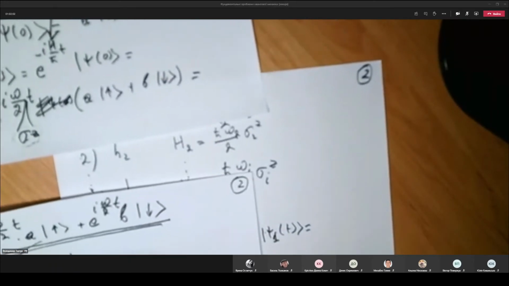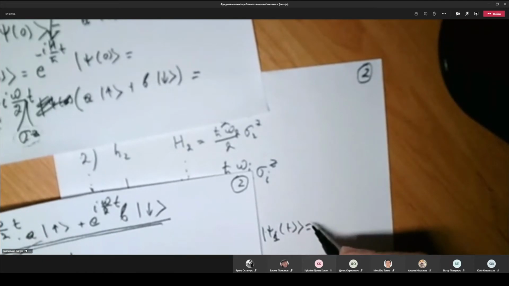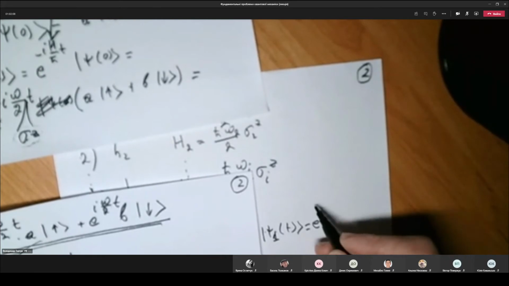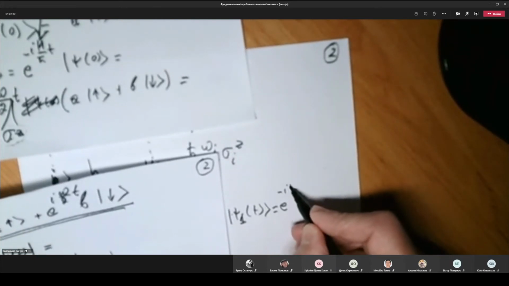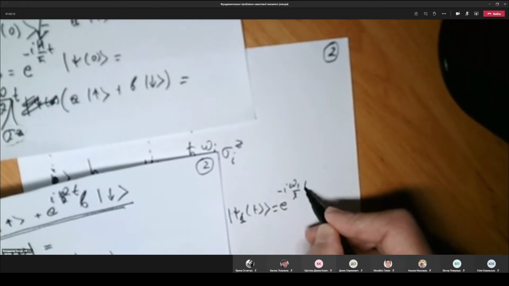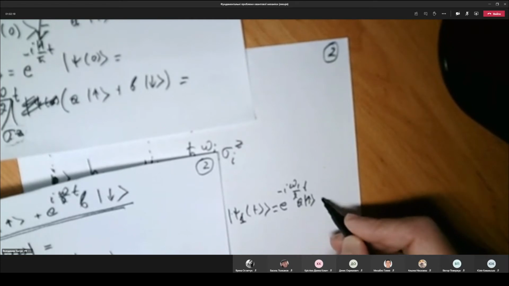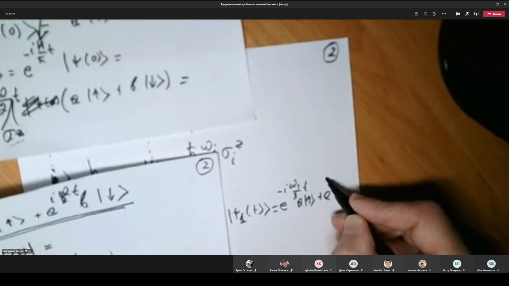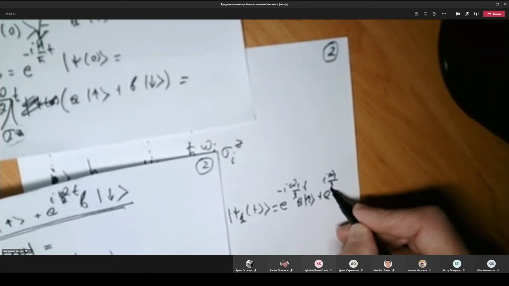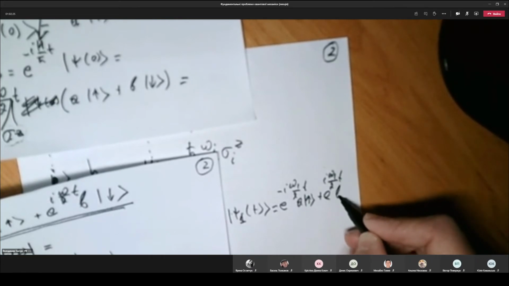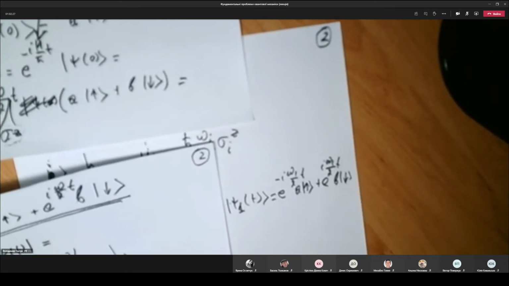Look here, but only omega will correspond to the first magnetic field. So it will be exponent minus i omega 1 divided by 2 times t, times A arrow up, plus exponent i omega 1 divided by 2 t, B arrow down.